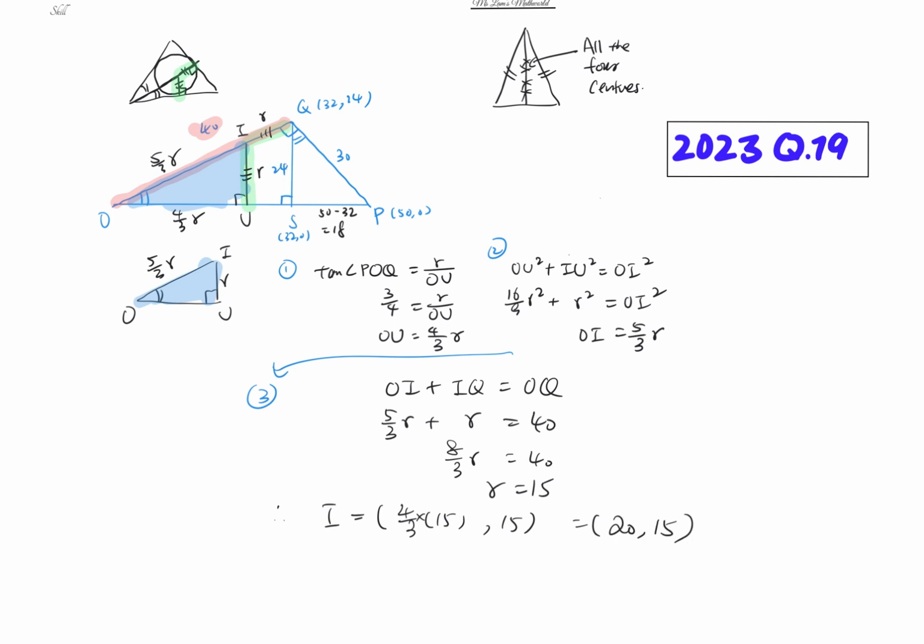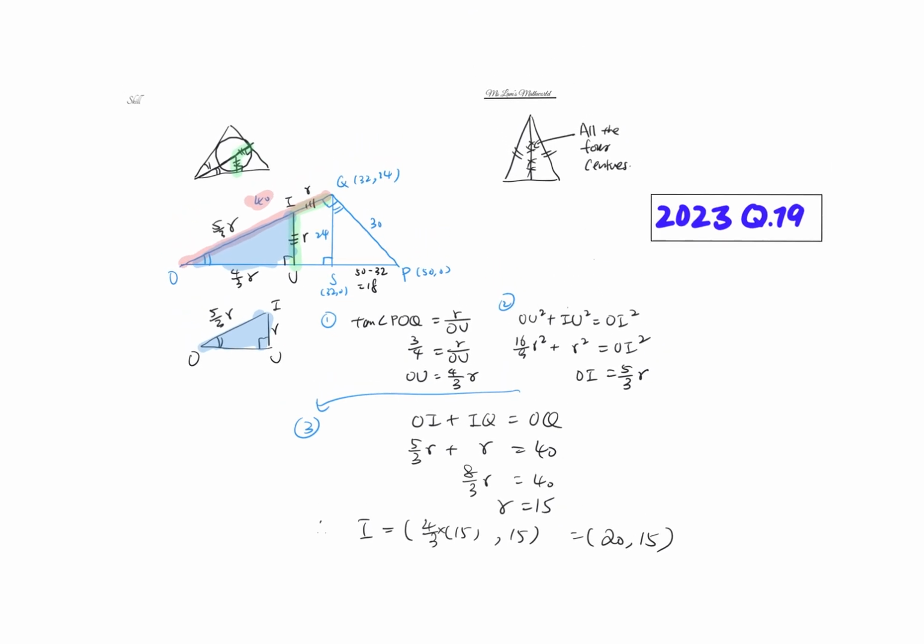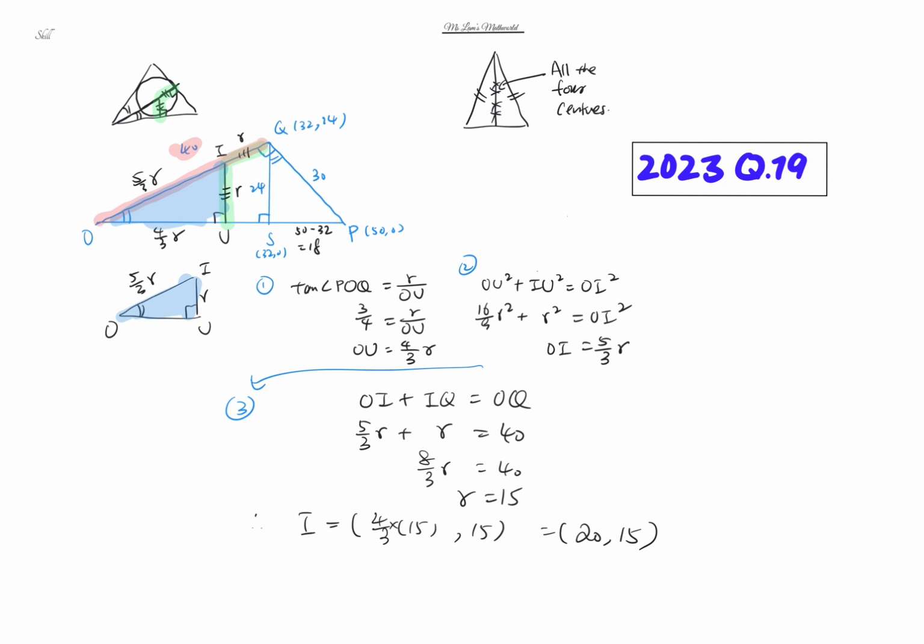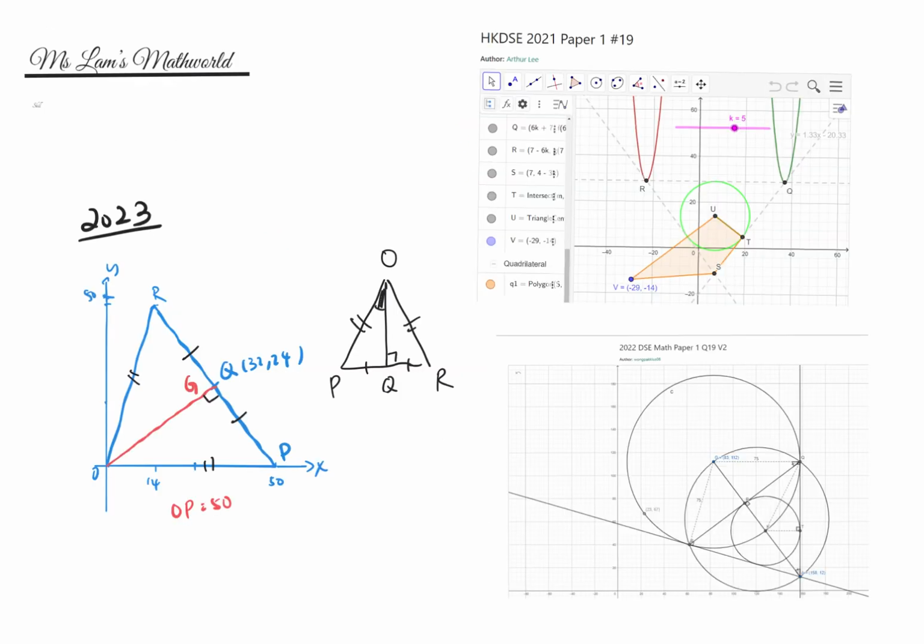So before we continue to find the area of GHR and triangle IPQ, the ratio, we first discuss why it is so important to get the isosceles triangle at this moment. So let's take a look at the past papers of 2021, 22, and 23.